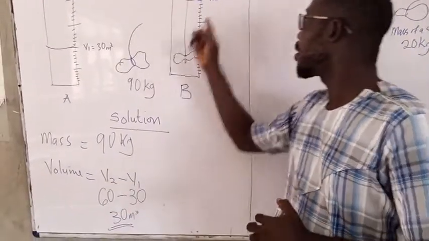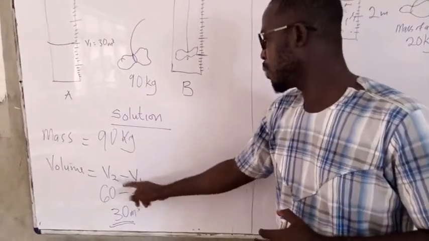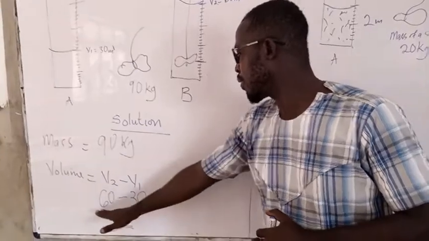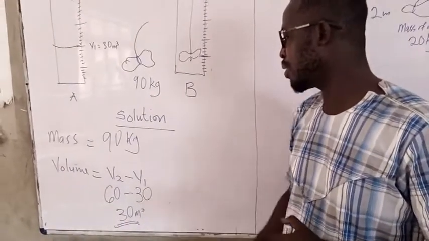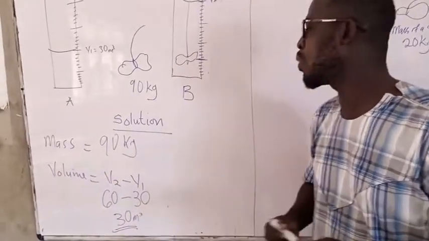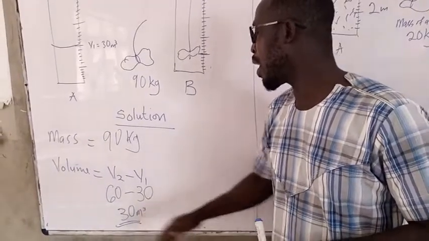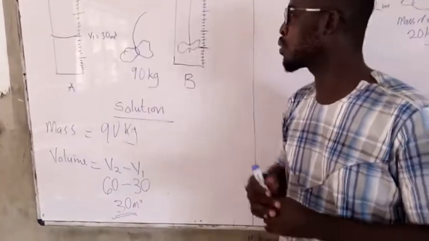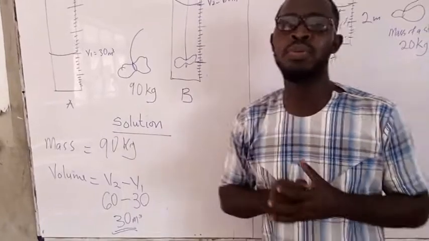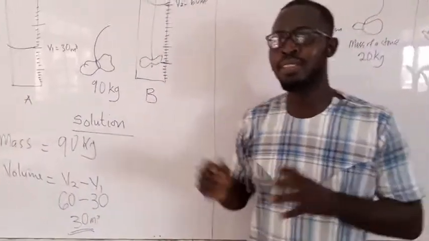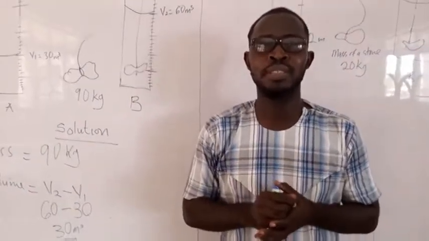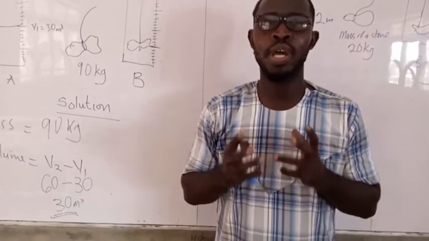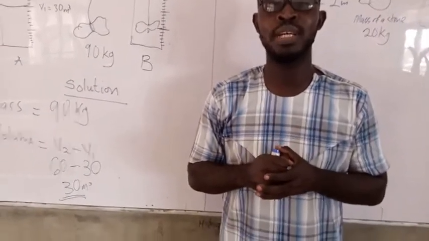That is the final being subtracted, 60 minus 30, and then you have your 30 as the volume of the stone. Because it is an irregular object, this is a very short experiment that will help you to get it done.